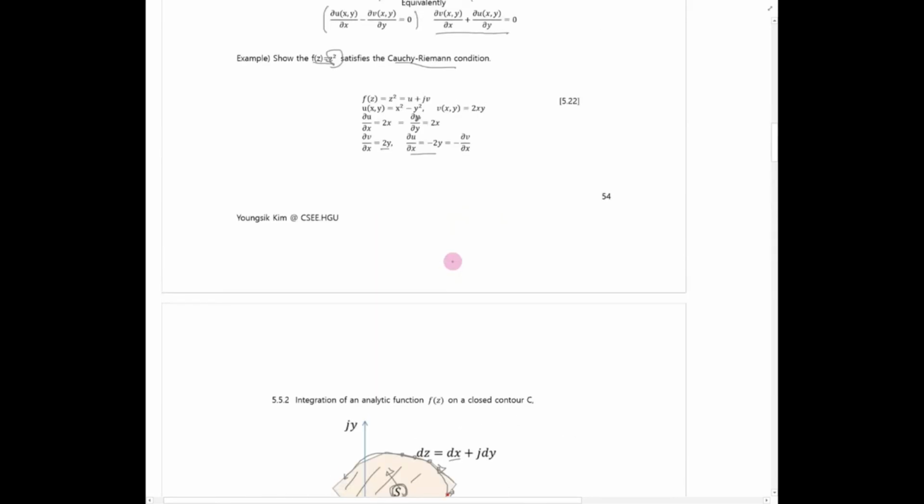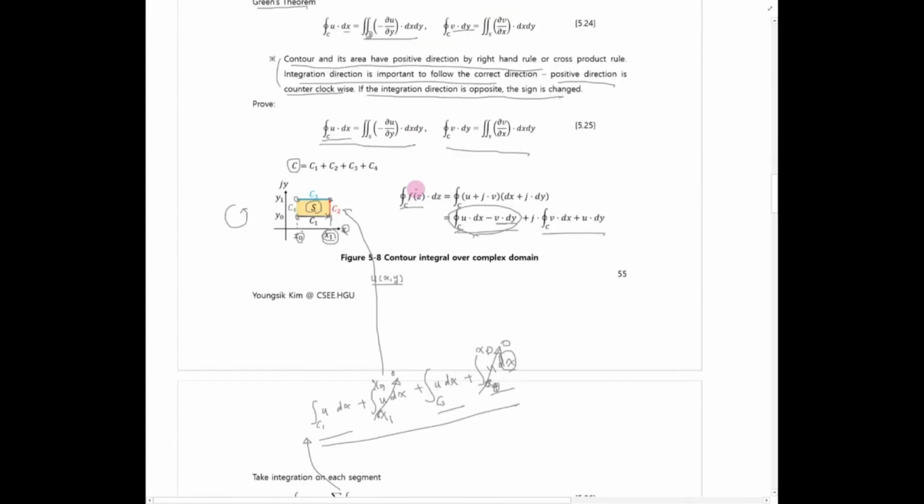But we know the Cauchy-Riemann conditions, this should be 0. Could you see here that that is the Cauchy-Riemann requirement? Okay, this part should be 0. That's why the real part of the closed contour integral should be 0.